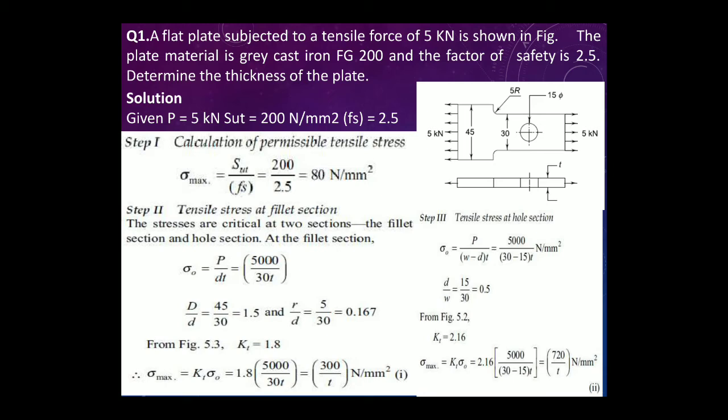Now the capital D by small d ratio is 45 by 30, that is 1.5, and the ratio of fillet radius and the smaller shaft diameter, r by d, is equal to 5 by 30, that is 0.167. So using these two ratios from figure 5.3 we will find out the stress concentration factor.